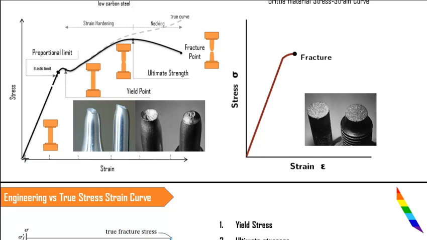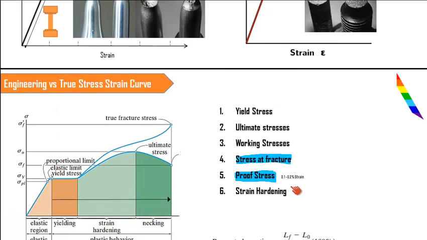Then we will draw a line parallel to the elastic line from here and extend it over here, and the meeting point is considered as the yield point. This is how we actually find the yield point in an actual stress strain curve. This particular yield point is generally called the proof stress, or otherwise the 0.2 percent yield stress.